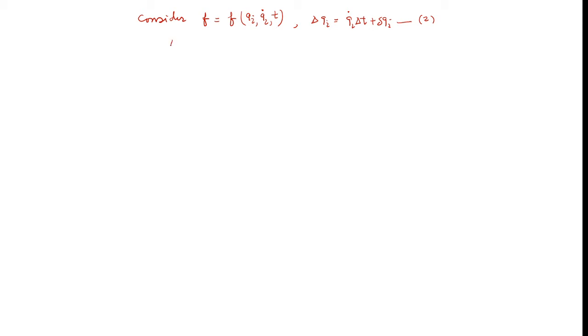Now for delta variation in f, delta f, this is the variation with respect to time as well as space. Delta f is the sum of (partial f partial qi) delta qi, (partial f partial qi dot) delta qi dot, and (partial f partial t) delta t.